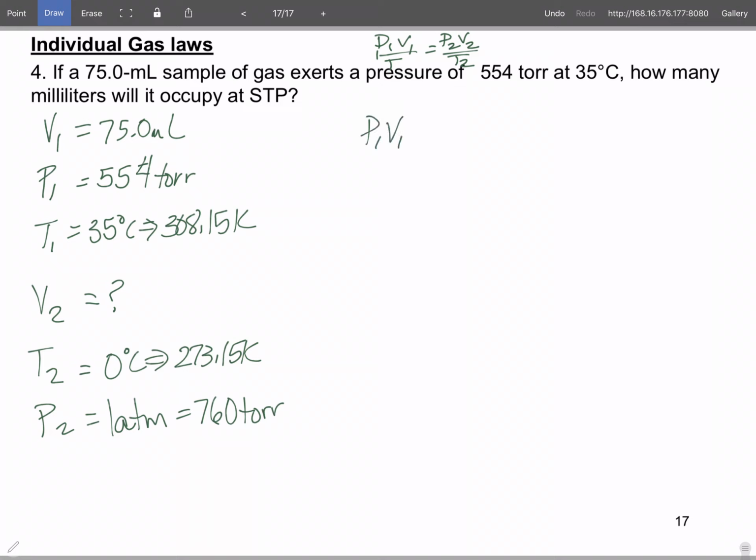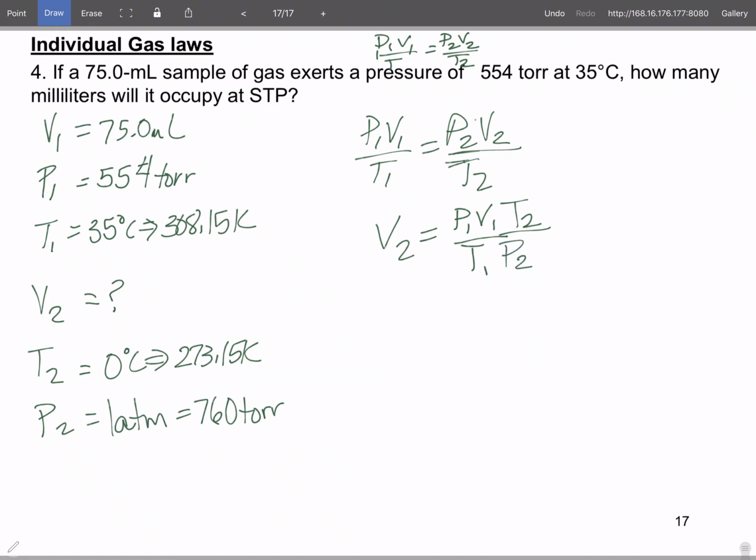So P1 V1 over T1 is equal to P2 V2 over T2. See, there I go. Not being able to read again. So V2 now is P1 V1 over T1, and to isolate V2, I'm going to multiply both sides by T2 and divide both sides by P2.